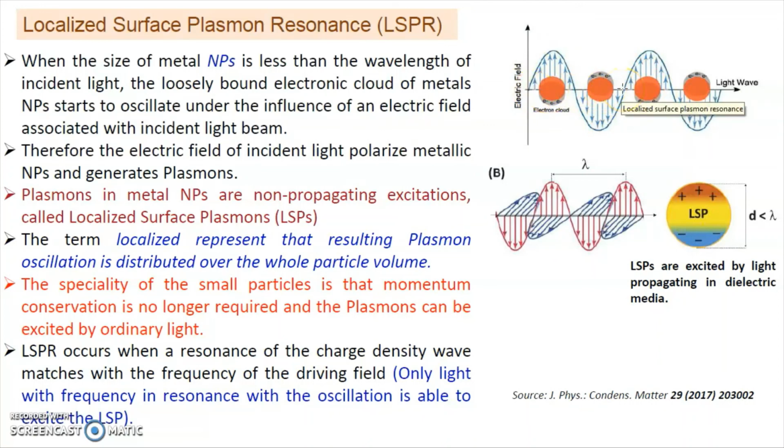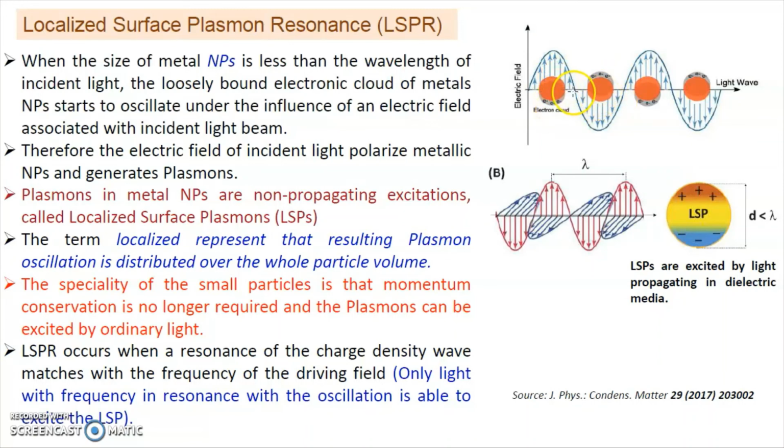Now you can see that the size of this metal nanoparticle is much less than the wavelength of the incident light. If this is the case, then what is happening? The metal has free electrons. This metal nanoparticle has a free electron cloud, and this free electron cloud starts to oscillate. When the electric field is in the upward direction, the electron cloud goes down.